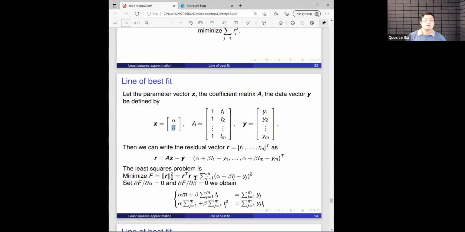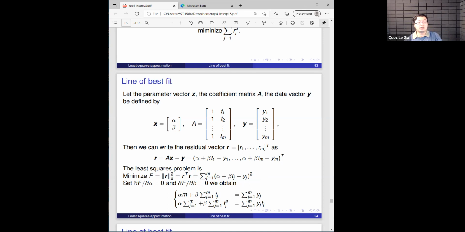Then the least squares problem is to minimize this function, capital F, which can be written like this. If you remember your calculus in first year, when you have two variables, in order to find the minimum you set the partial derivatives with respect to both variables equal to 0.